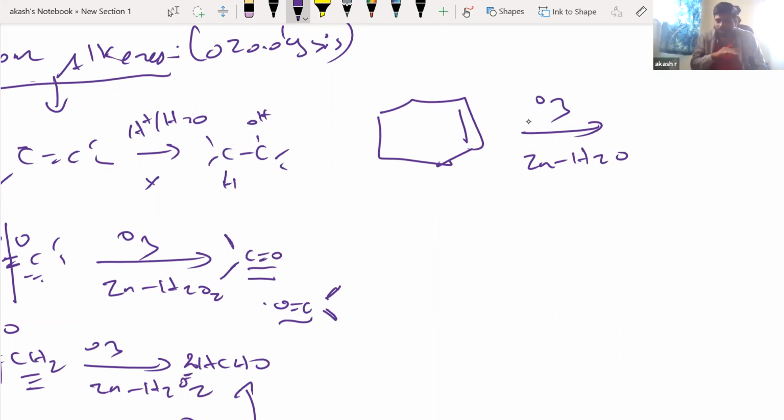Same thing, just wherever you see a C double bond C, break it, C double bond O, C double bond O. That's all you have to do.